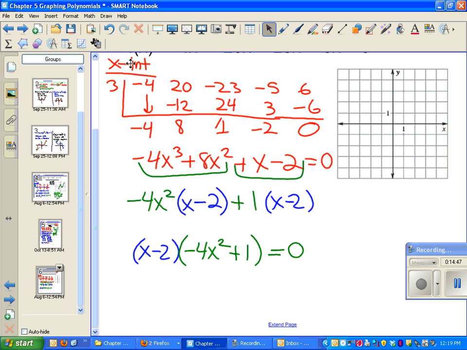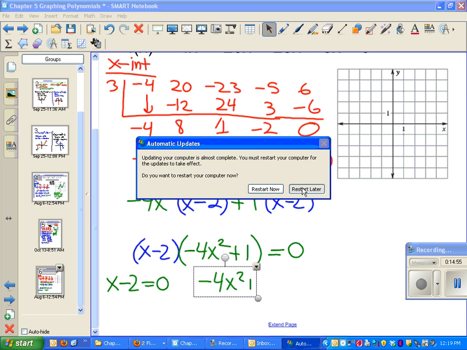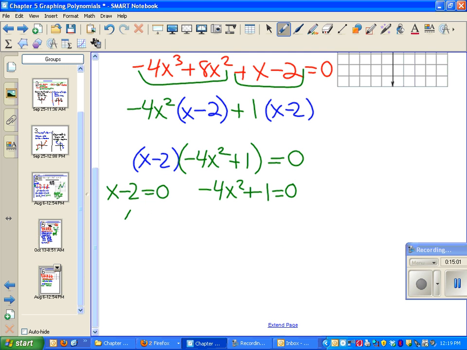So for my x-intercepts, I have x minus 2 equals 0. I have negative 4x squared plus 1 equals 0. So when I solve, I add 2 to both sides. I get x equals 2. This one, I subtract 1 from both sides. So I have negative 4x squared equals negative 1. When I divide by a negative 4, a negative divided by a negative is a positive.